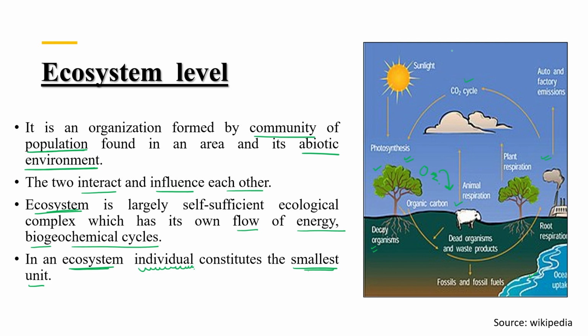These all occur at the ecosystem level, and all the biotic communities and abiotic factors interact with each other. And what is the smallest unit at the ecosystem level? Any individual. Okay, clear?